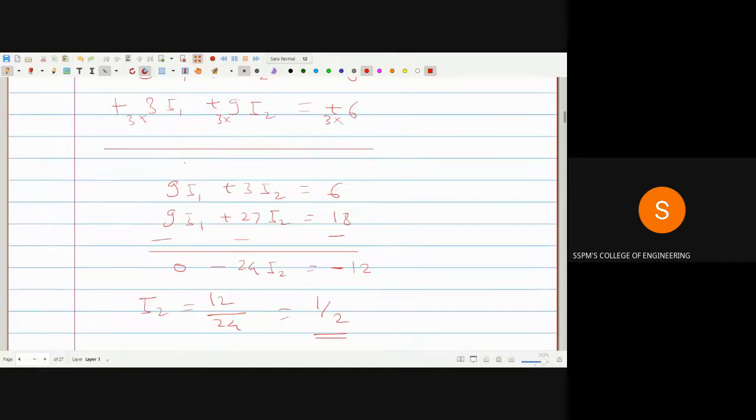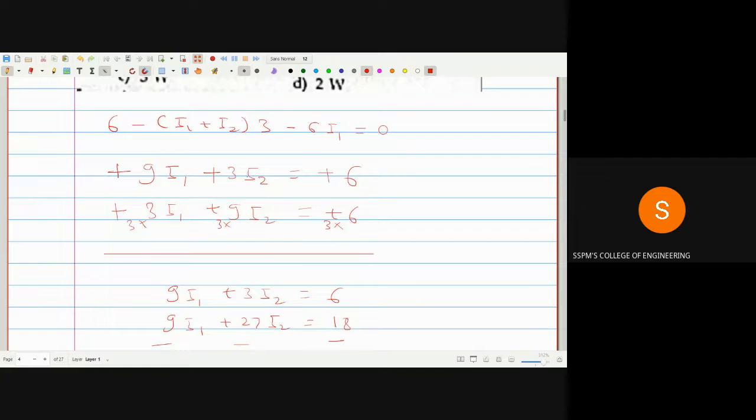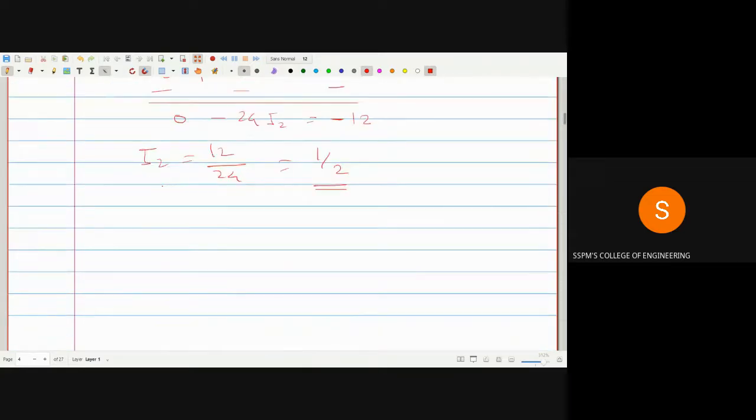Similarly, find I1. Substitute I2 here and then find I1. 9 I1 plus 3 into I2, I2 is 1 by 2, is equal to 6.